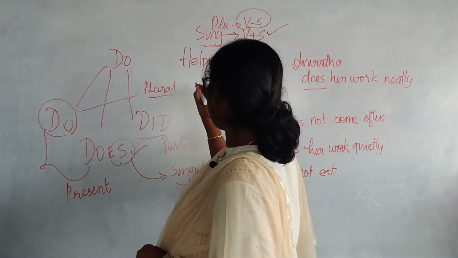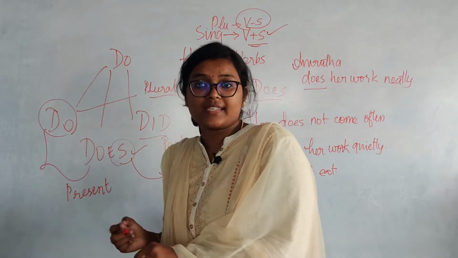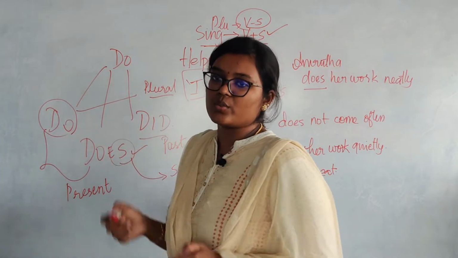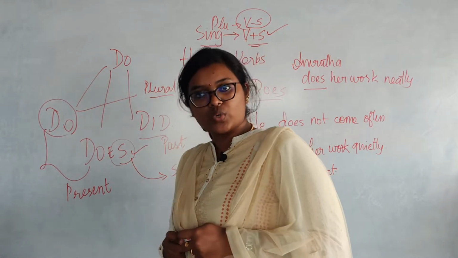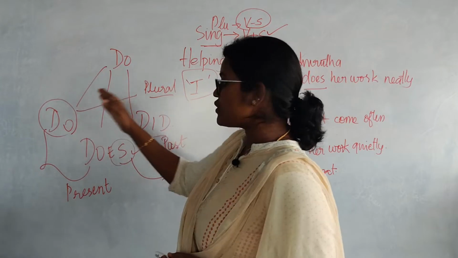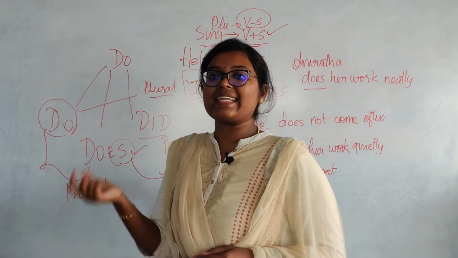We always use I do. So I is an exception. In spite of being singular, we use do when we're talking about an individual. I do work properly. That is an exception you have to understand with do. So do is used with plurals and I.